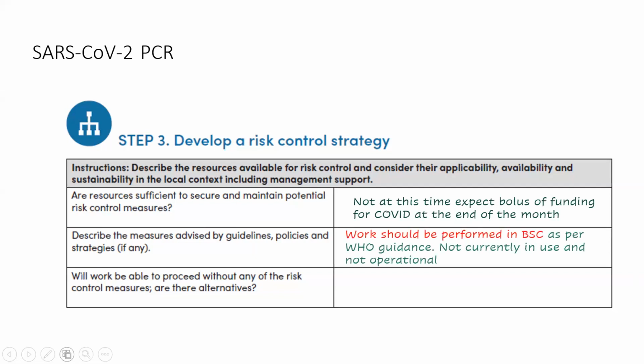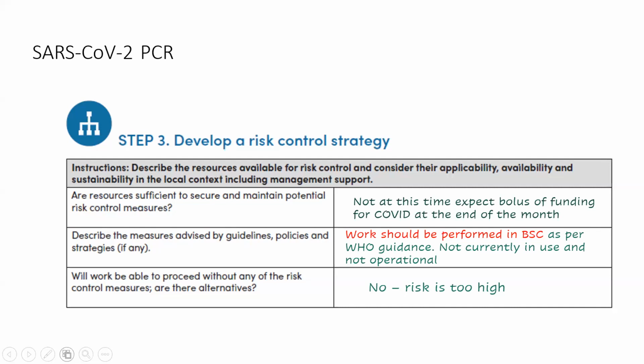Describe any measures advised by guidelines, policies, and strategies that need to be in place. Work should be performed in a BSC. They are not using a BSC. And WHO guidance is that they do use a BSC. It's not currently in use and it's not operational.